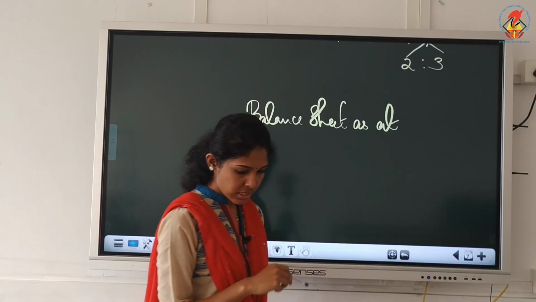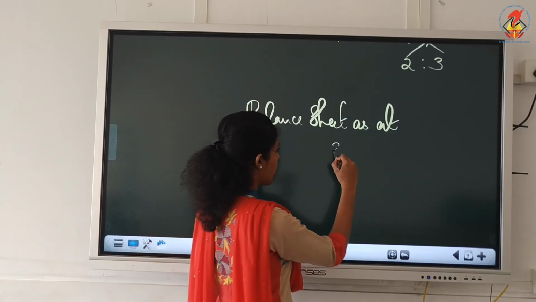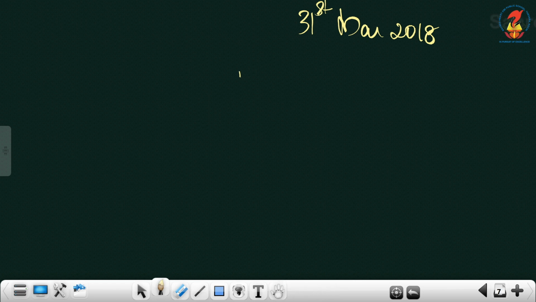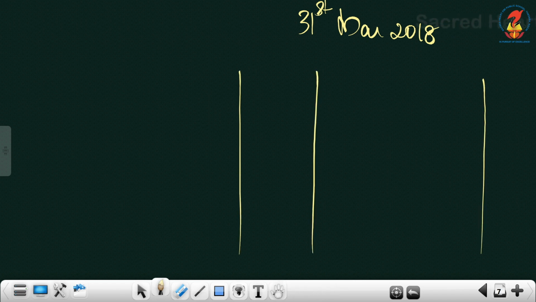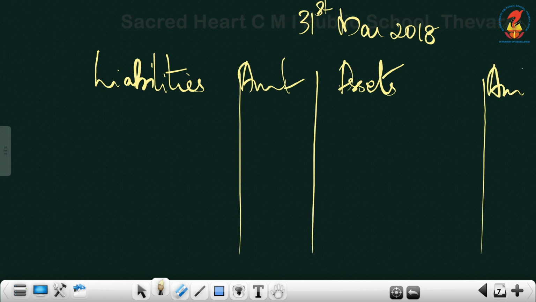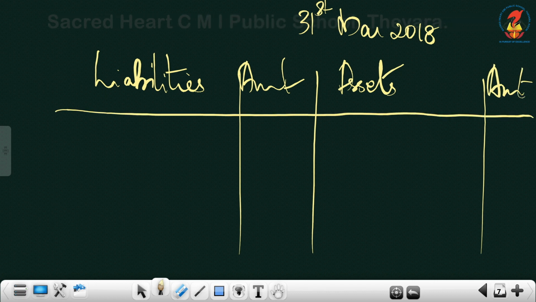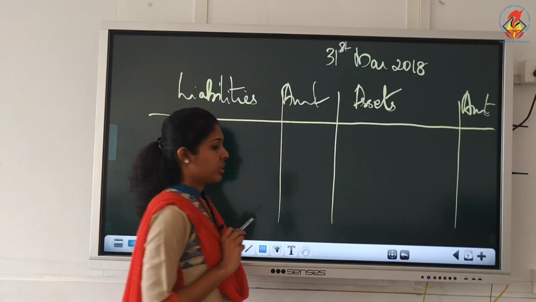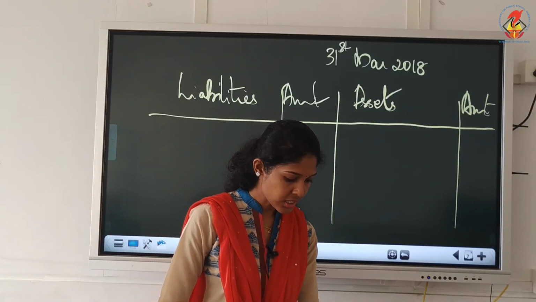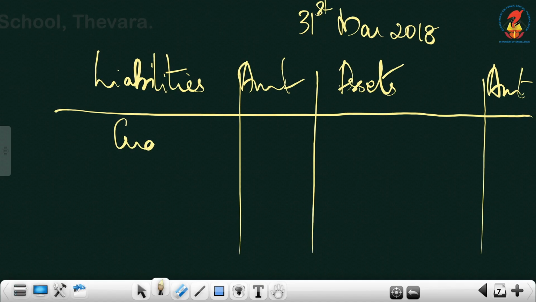So balance sheet as at 31st March 2018. Yes. So now we'll refer to the old balance sheet. Creditors, EPF no change, copy the same.